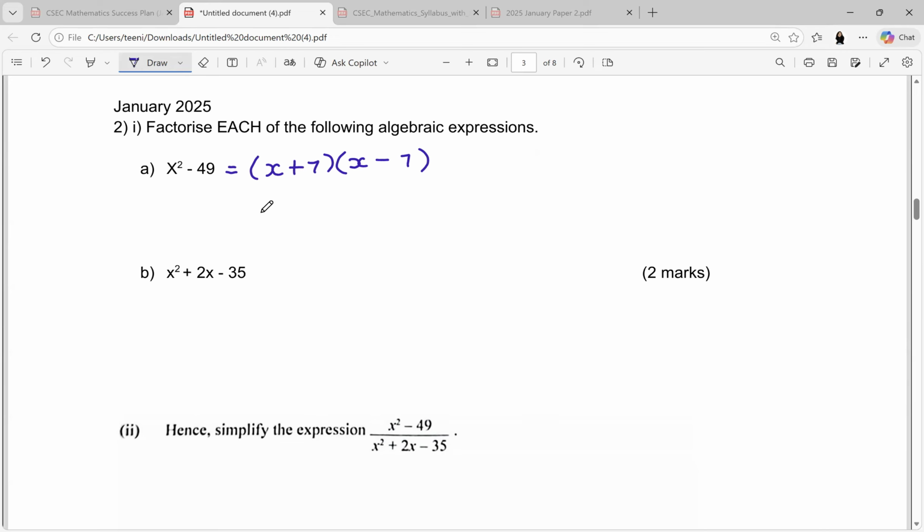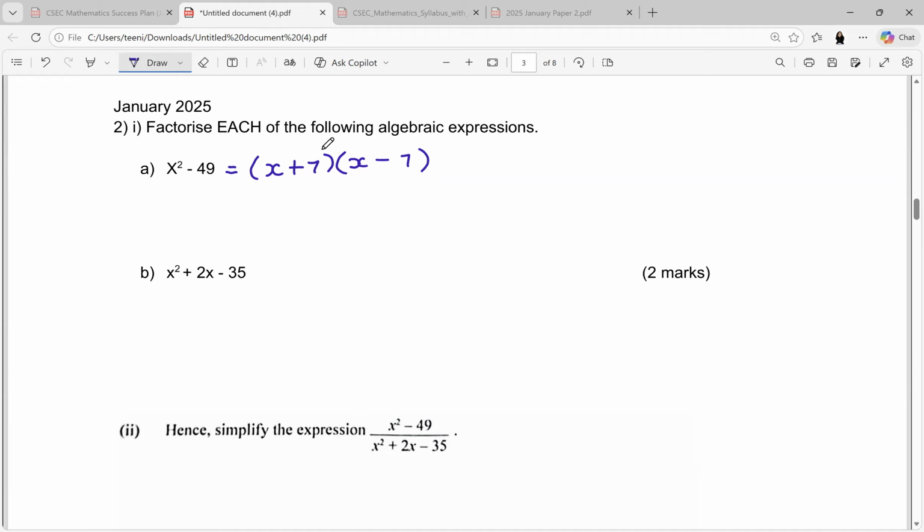However, it can be factorized because x squared is a square number and 49 is also a square number. To factorize it, you use the square roots of each and interchange the signs. The square root of x squared is x, the square root of 49 is 7. Tristan, excellent explanation. Good job.